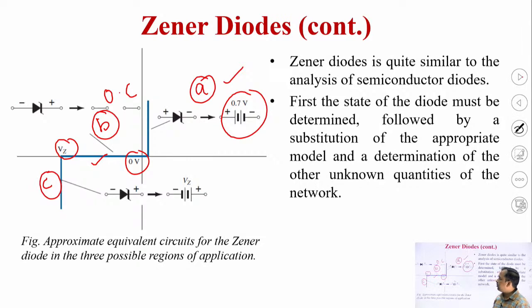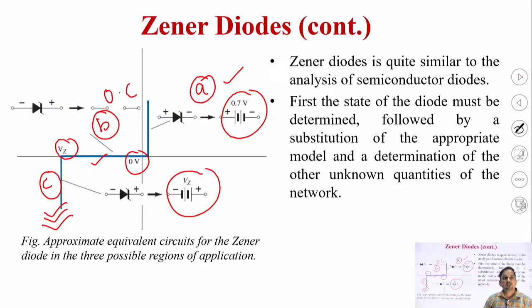Next is the C region, which is very important: when the voltage reaches Vz, the diode can be represented by a battery of magnitude Vz. So we can use the Zener diode under both forward and reverse bias conditions, but generally the Zener diode is used in reverse bias under this C region.